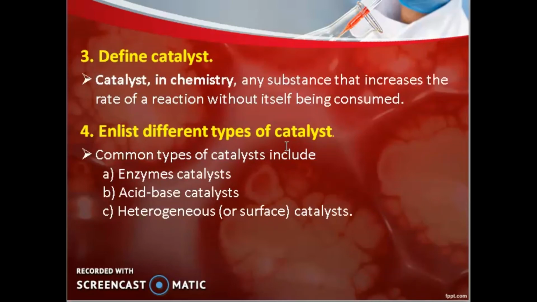A catalyst, in chemistry, is any substance that increases the rate of a reaction without itself being consumed. So it increases the speed of the reaction. Next, enlist different types of catalysts. Common types of catalysts include enzyme catalysts, acid-base catalysts, and heterogeneous or surface catalysts.